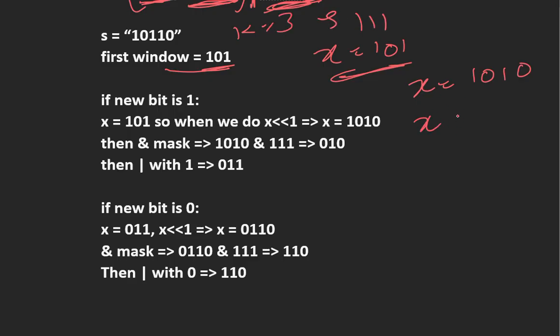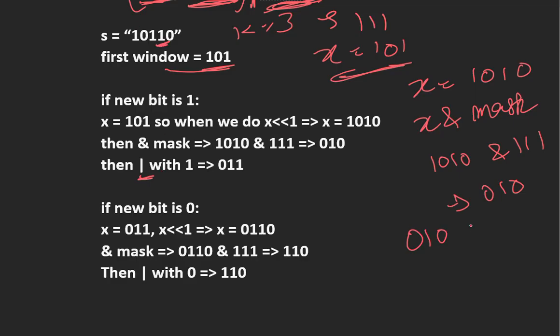After shifting we AND with mask. So 1010 AND 111, we get 010. Then the third step is we OR with the new element, which is 1. So 010 OR with the new element, we get 011.